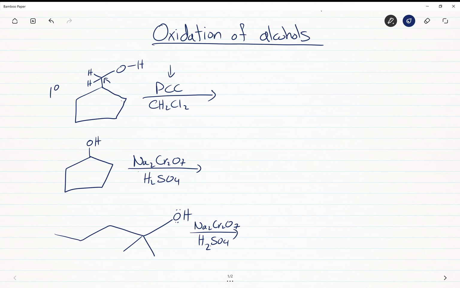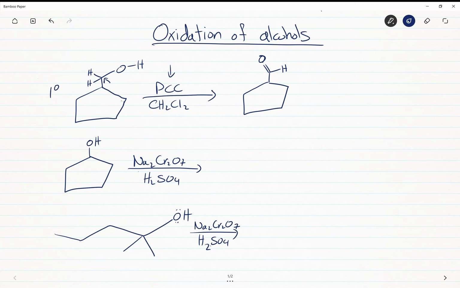Since it's the milder of the two, in this case we're only going to oxidize once. And so when you do that, you end up forming an aldehyde where the alcohol was attached previously.